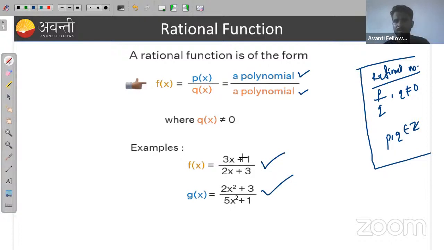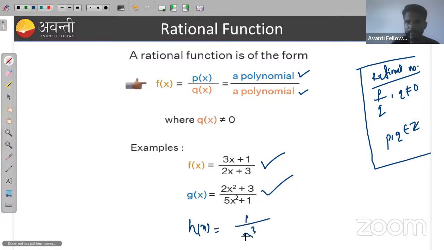Because in the numerator you can see that 3x plus 1 is a linear polynomial upon a linear polynomial. Here it is a quadratic upon quadratic. There is no need for the degrees to be equal, right? I can write a new function h of x as 1 by x cube plus 3x square minus 5. This is also a rational function because 1 is a constant polynomial.